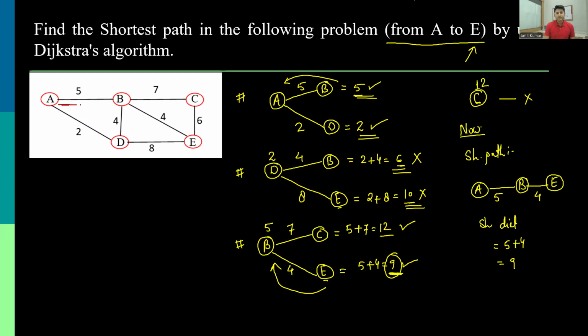In the graph, we move from A to B and then B to E, and this is the shortest path by which we can move out from A and reach the destination E.